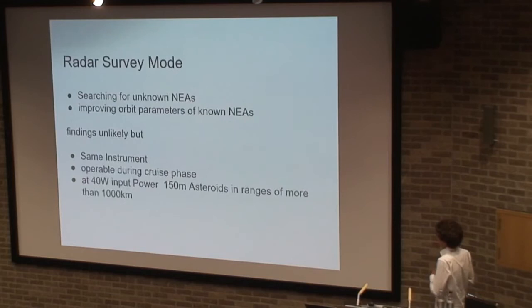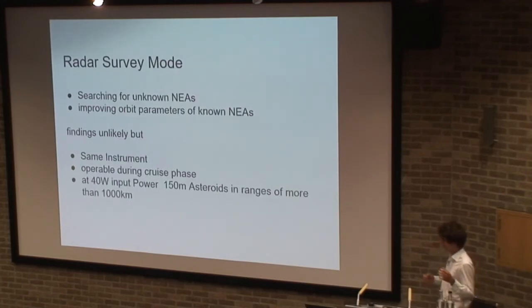There is kind of a dual use. The same radar we use anyhow can also be used for scanning the surroundings during the flight mode. With 40 watts of input power, we can detect 150 meter asteroids at a distance of 1,000 kilometers.